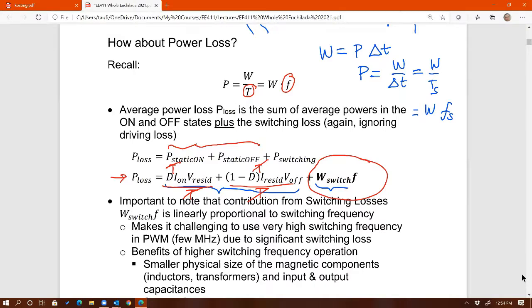And as I said earlier, in order to find P loss, I could either divide the equation by T or multiply by F. And I chose to multiply by F to demonstrate that now you see the problem with PWM, right? What is the problem here? Anybody with PWM?